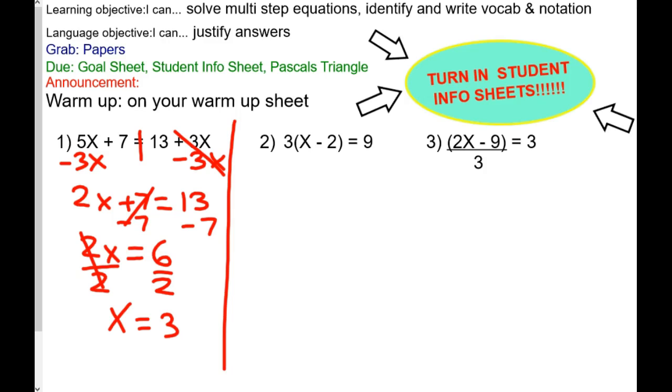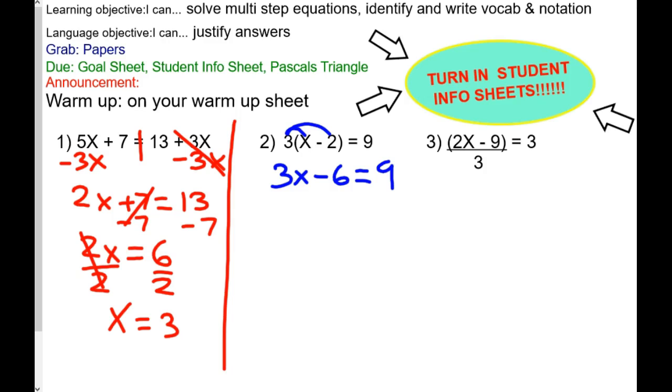Starts with the letter D. Distribution, okay? So, distribute. We're going to distribute the 3 into the x and the minus 2. So again, I like to draw little arcs to remind myself I'm multiplying everything. So 3 times x, 3x. 3 times the minus 2, negative 6 or minus 6, and bring down equals 9.